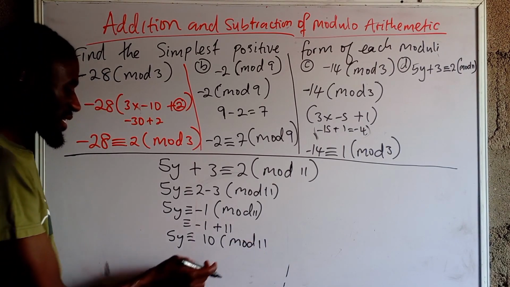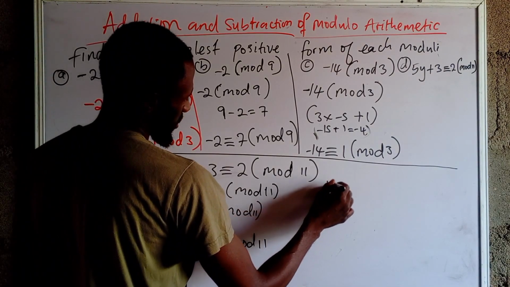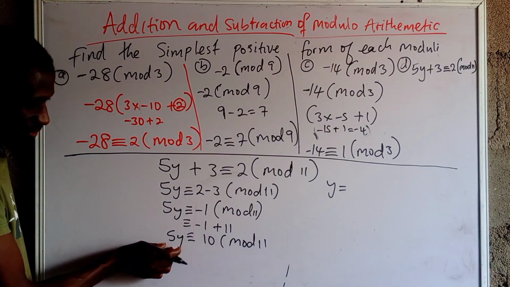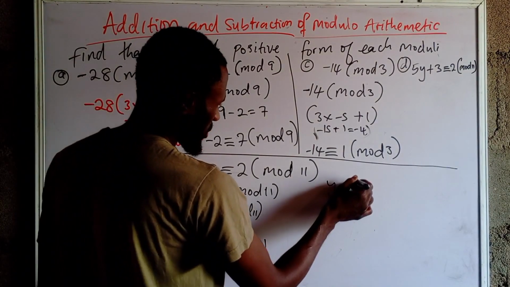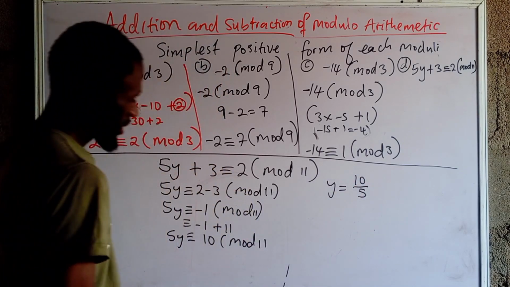Therefore, since now we get 10 here, 10 is divisible by 5, so y is equal to 10 divided by 5.